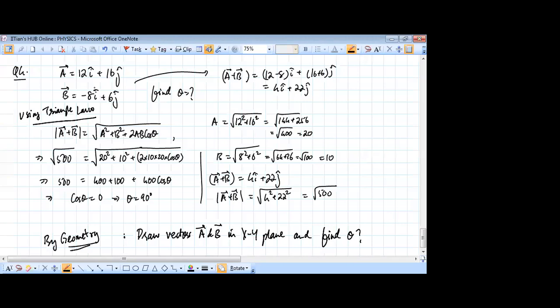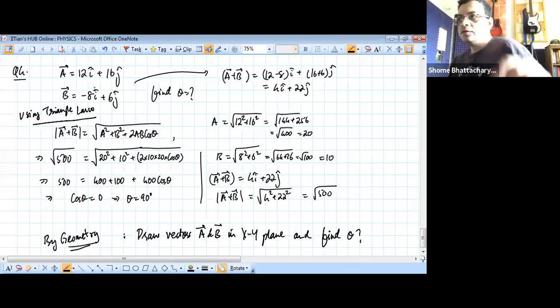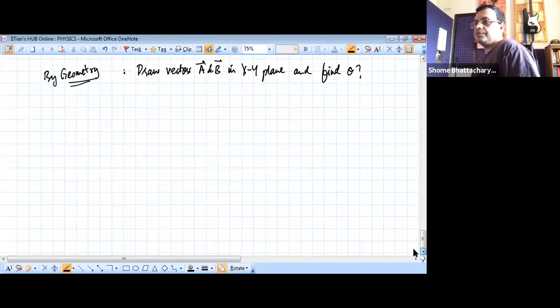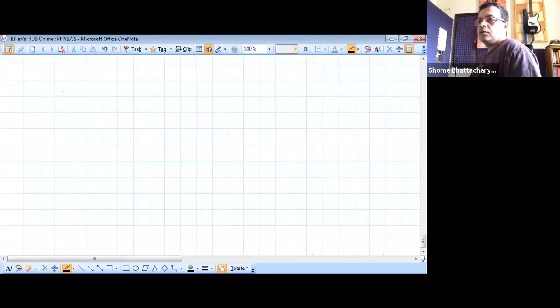Done. Okay, very good. Okay, so let us see this by the geometrical method for everybody else also. So vector E is 12 I cap plus 16 j cap.